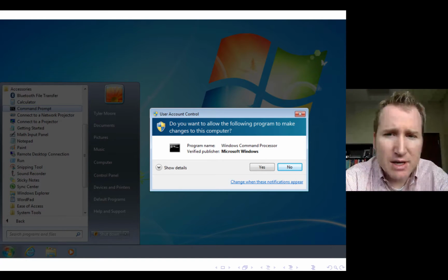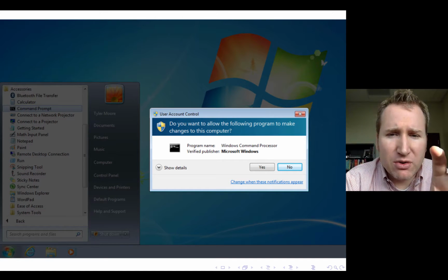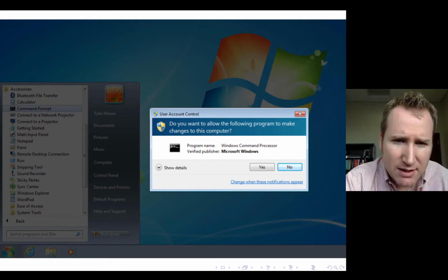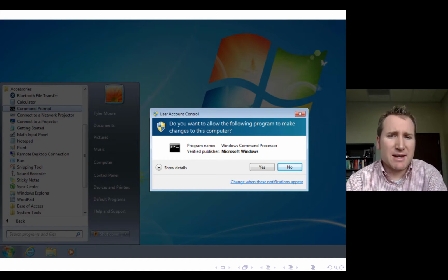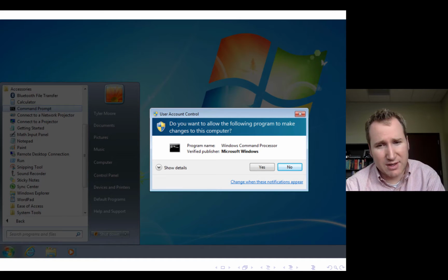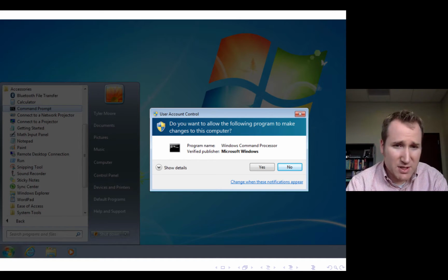So what it does is it created a warning anytime an arbitrary software program decided that it needed to access privileged resources, so that the user had to actually approve it. And so it brought the user into the loop in deciding whether or not the particular resource needed to be granted access. And in principle, it seems like a great idea.